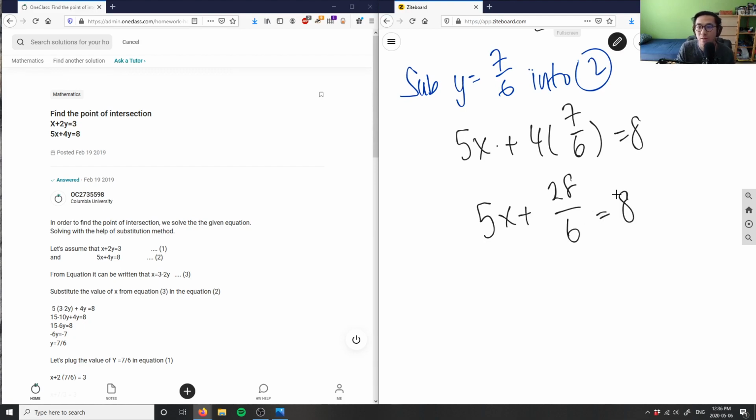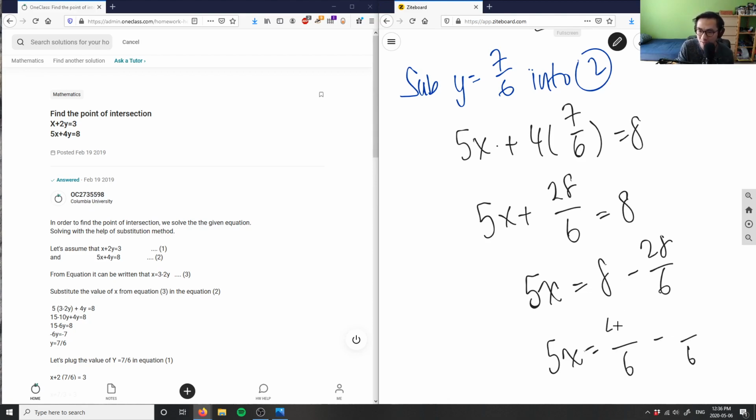Just checking: 5x equals 8 minus 28 over 6. You can use the lowest common denominator here, so I multiply 8 by 6.